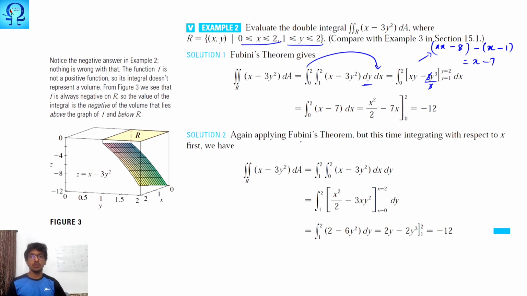Now this integral can also be written as integral 1 to 2, integral 0 to 2, with dx first and then dy. Even doing it this way, we get minus 12. What is given in this problem is diagrammatically represented using this. When you try to plot this, it is difficult to do manually.